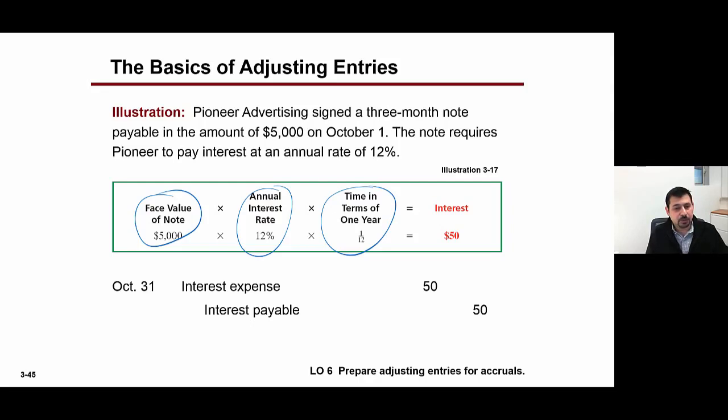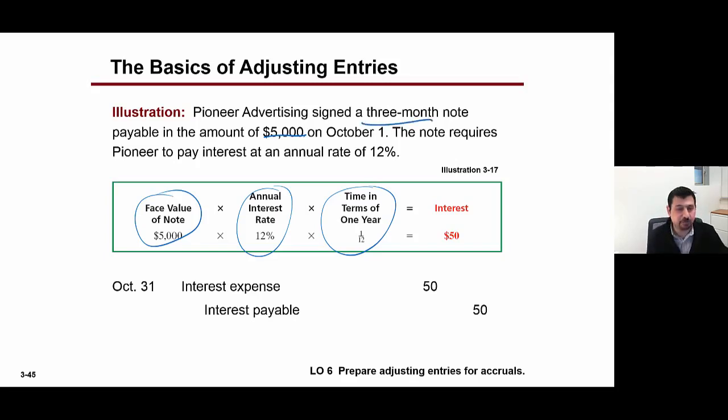But basically, let's say if it's a 3 months note, that means after 3 months, Pioneer Advertising will have to pay the $5,000 plus any interest that has accrued. They don't need to pay the interest every month. They pay it all once at the end of the period. So in this case, it's 3 months.